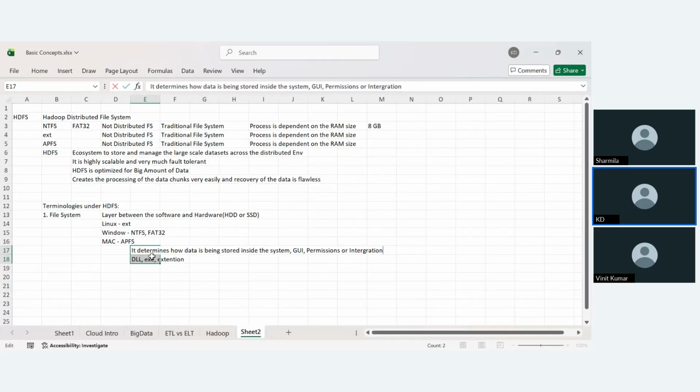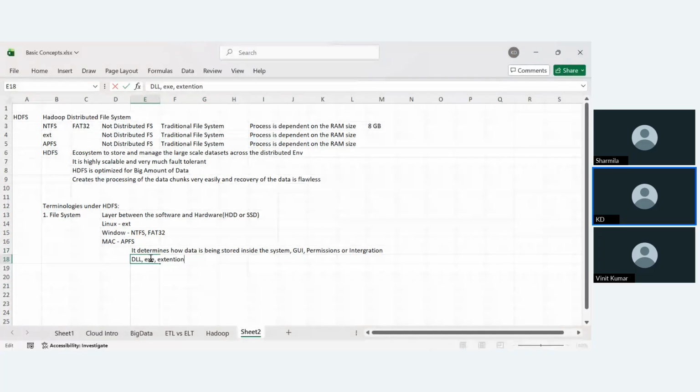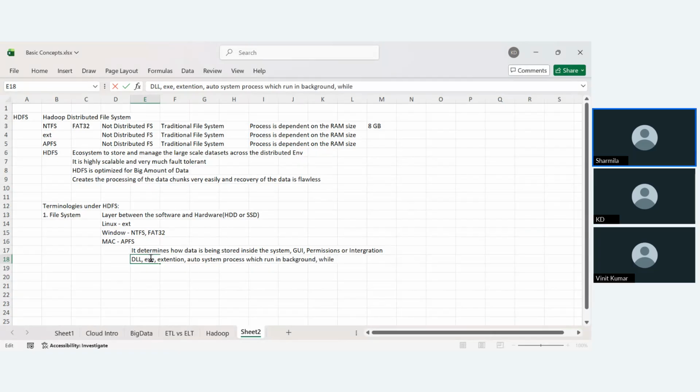Here, if we say there are the auto system processes which run in the background, while running they occupy a big amount of RAM.